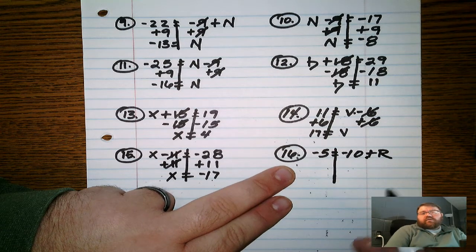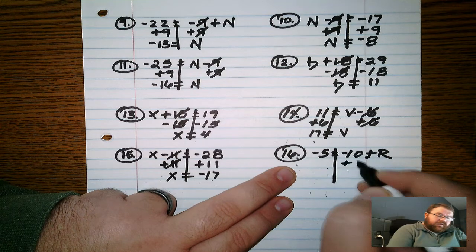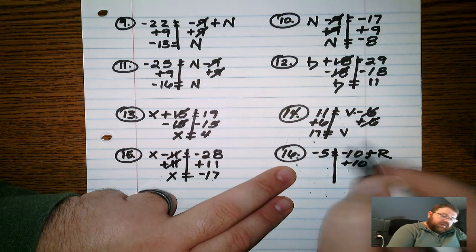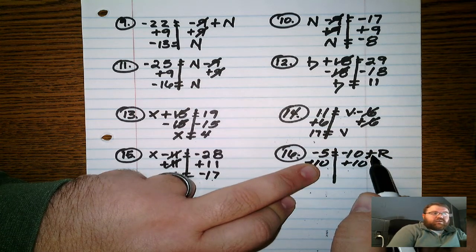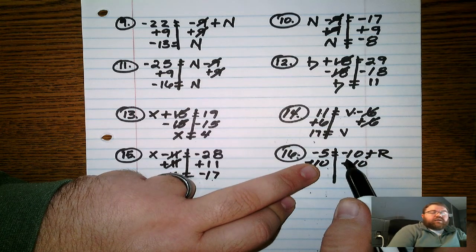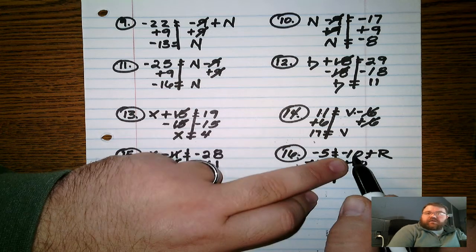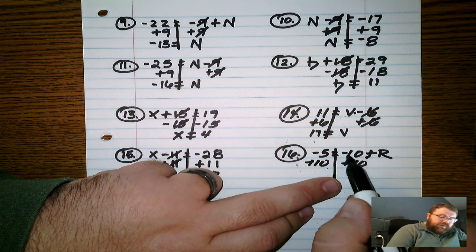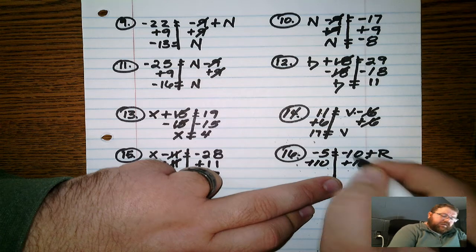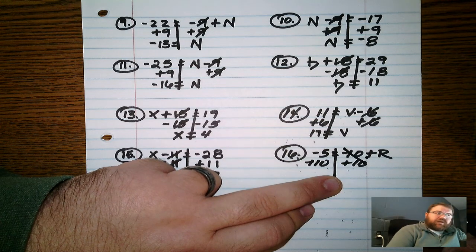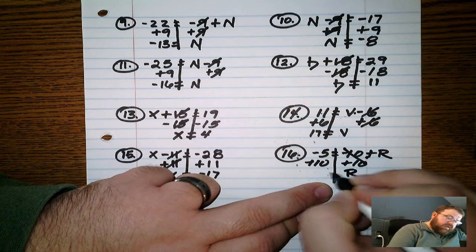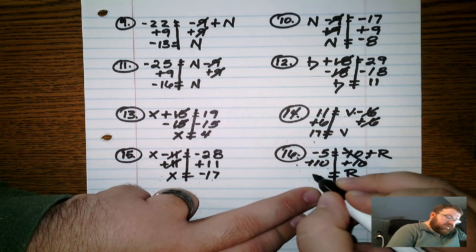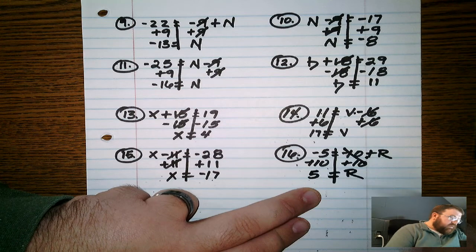So when you are trying to find the opposite of that, you need to make sure that you are adding 10 to both sides. This is a common mistake because of the addition. Students want to automatically subtract, and that does not get rid of this negative 10. So negative 10 plus 10 is equal to 0. So we cancel those. Leaves you with r equals positive 5.